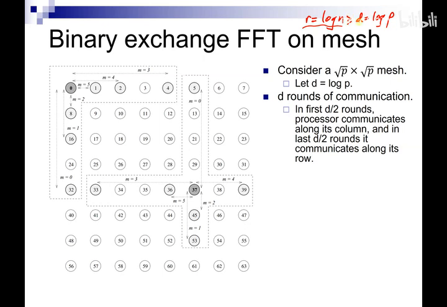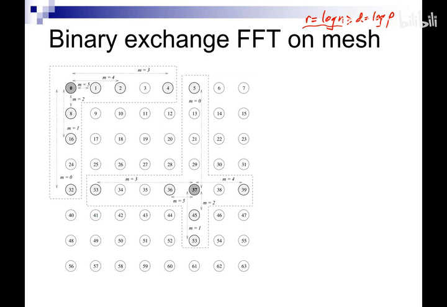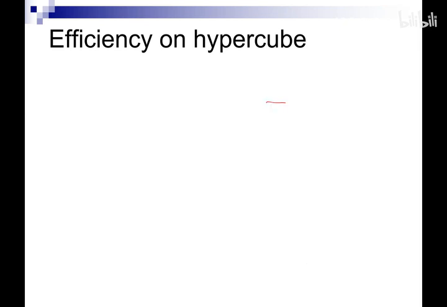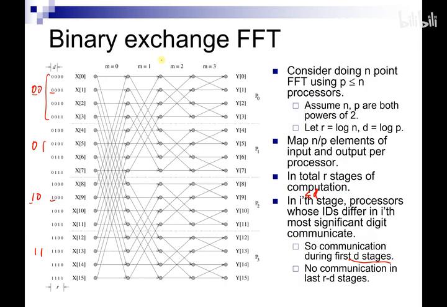Once you've done the first d stages, after that all of the communication will be within a processor itself. So you see that once you're past stage d over here, the communication is just within a processor.